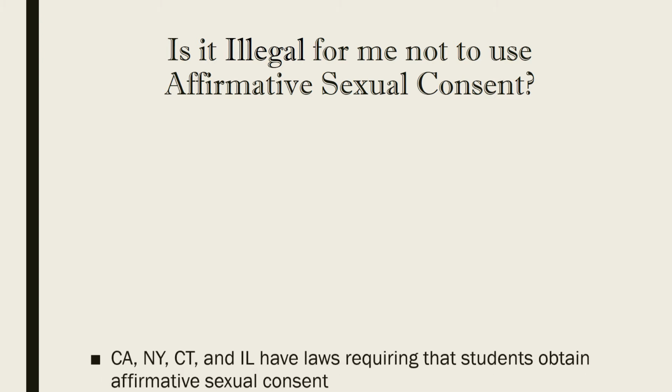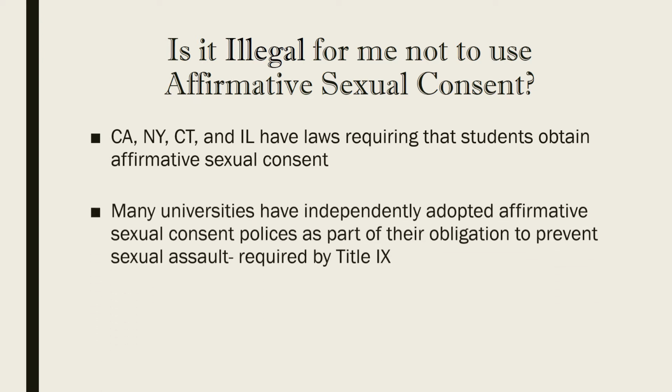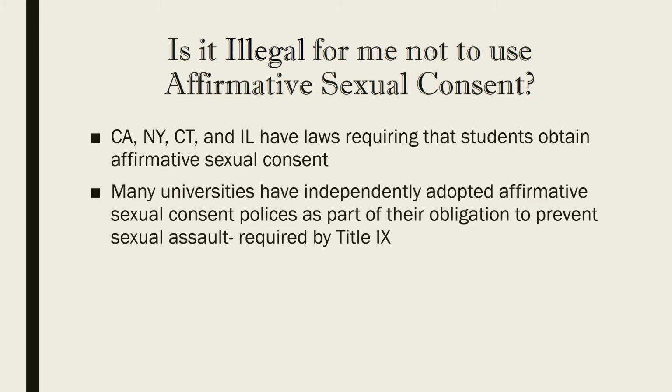At current, only 4 states have affirmative consent laws, with California being the first to adopt affirmative consent as law in 2014. And while the legality and effectiveness of affirmative consent policies have come into question by opponents of both the law and policy, many universities across America have independently adopted affirmative consent policy as part of their plan to prevent instances of sexual assault on campus.